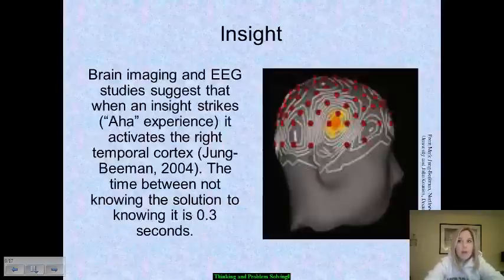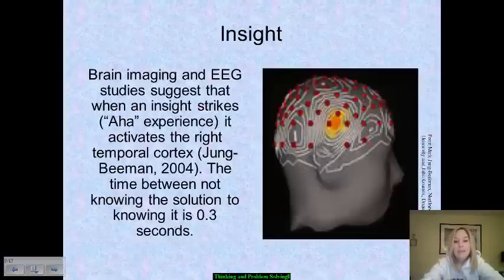And we've done a lot of scanning of brain imaging to see if it's possible for us to basically know when a level of insight or that aha moment happens for us. And interestingly, we do have that ability. Brain imaging and EEG studies show that when insight hits for us and there's that aha moment, oh, I know what the answer is, it activates the right temporal cortex. So it activates our temporal lobes, specifically on the right side of our brains.